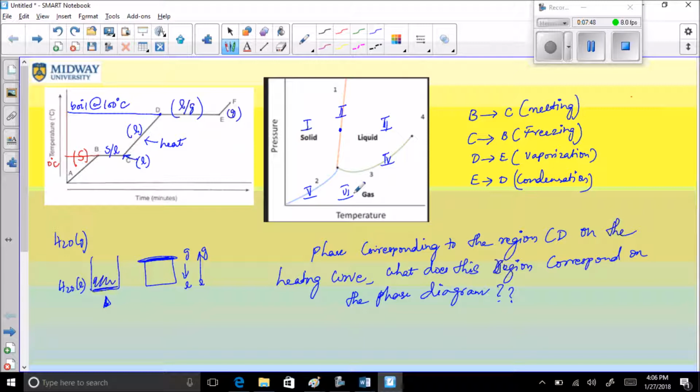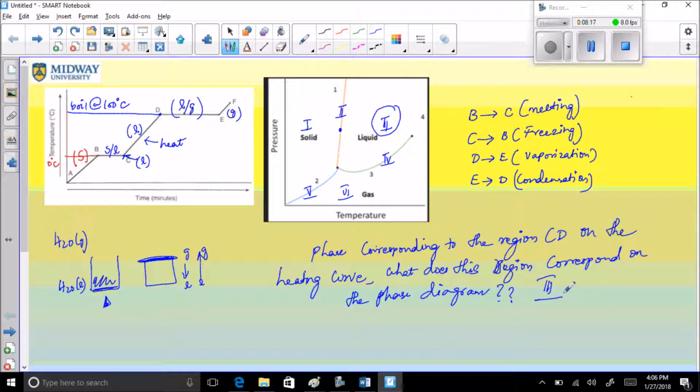What I'm asking is, the region CD on the heating curve, what does this correspond to? Which Roman numeral exactly matches the region CD on the heating curve to that on the phase diagram? Well, we know between C and D, water only exists in the liquid phase, right? So it would have to be just 3.